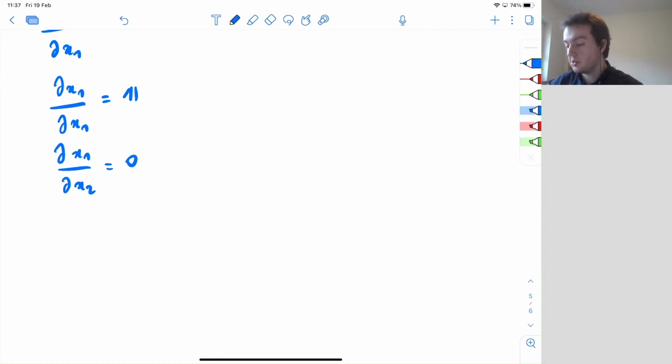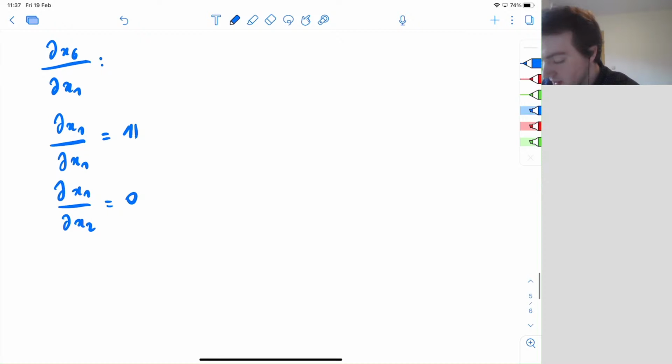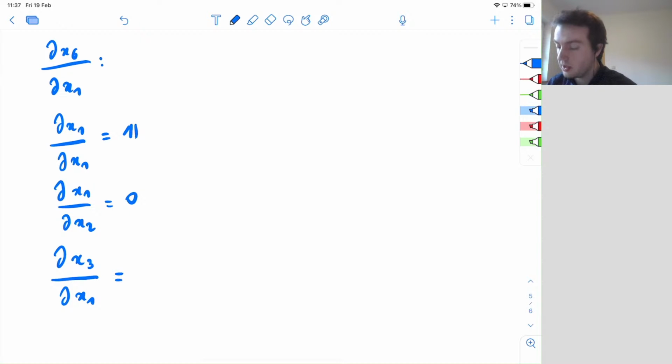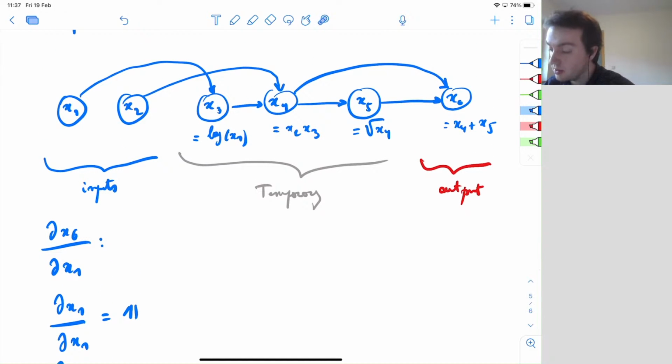And then we would proceed forward, so from x1, x2, then going on to x3, x4, x5 to x6, right? And so at every step, we would compute the Jacobian of the temporary variable, so first x3, with respect to x1, right? In this case, x3 has only one parent, right?